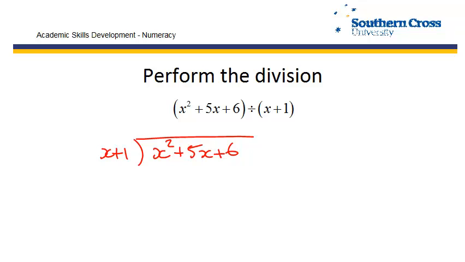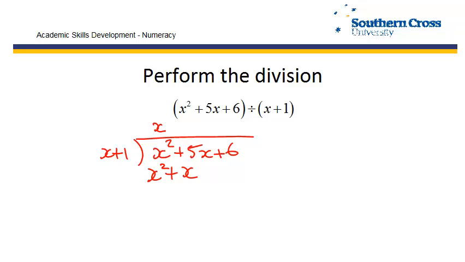To begin with, we need to think what times x will give x squared, and that would be x. So the part that comes underneath is what x times x plus 1 equals. So x times x is x squared, x times 1 is x.